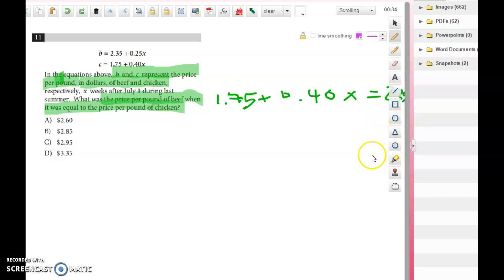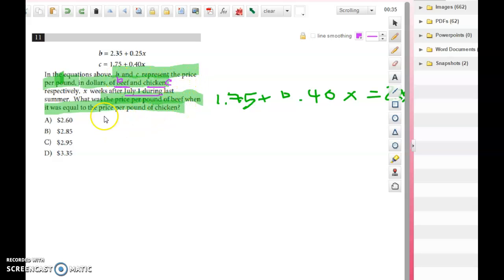So the reason you equate both equations is that they're looking at the x weeks after July 1st. Okay, so we're looking at the same day, which is when their rates are equal. So we're going to find the x value first, which you already set up that equation, pretty good to go. And then we're looking at these B and C per pound. The first one, B, is beef, and C is the chicken.